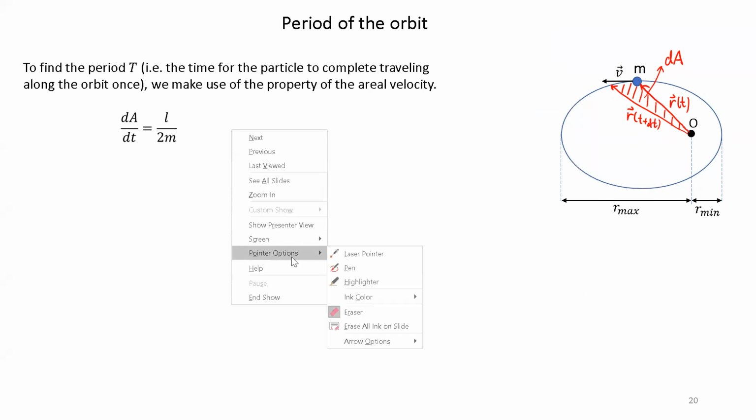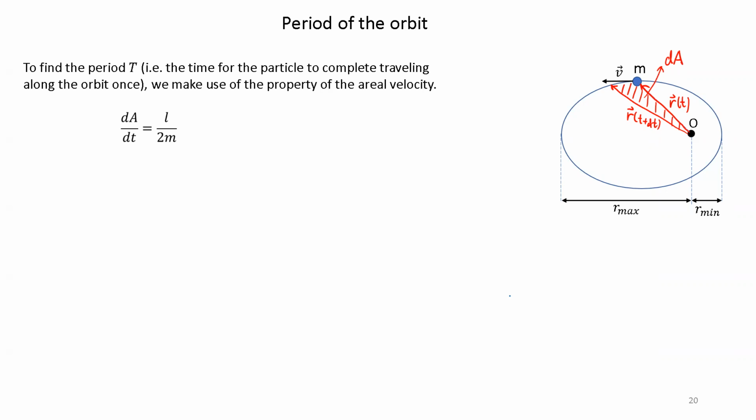So if I integrate both sides, from 0 to 1 period, the right-hand side is very easy because L divided by 2m is a constant, so it is just L divided by 2m times T. And the left-hand side, as I said, is exactly the area of the ellipse itself.